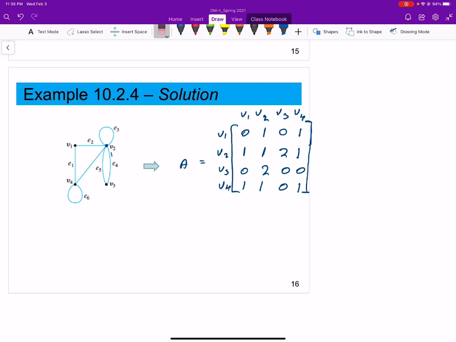Once you have the adjacency matrix for an undirected graph, you can see something very interesting. What you see here is that it is symmetric. Check whether you can recognize that. This matrix is symmetric.